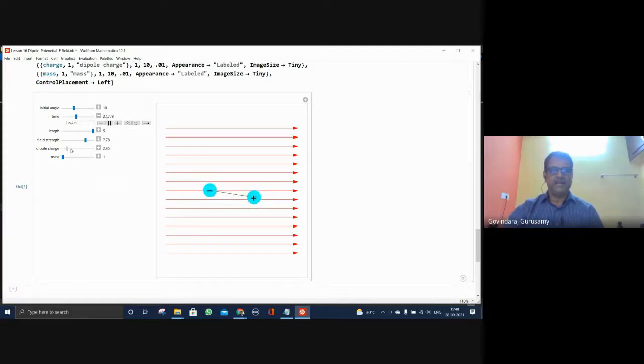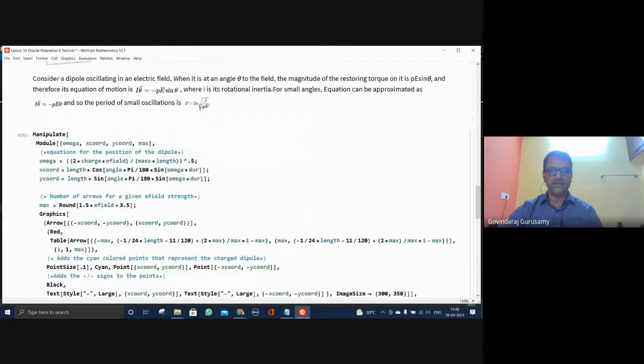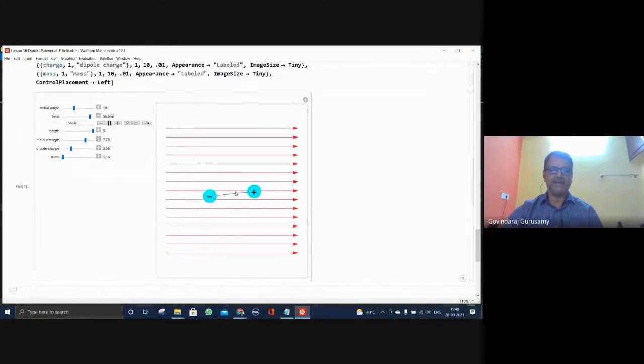Charge can also be changed, and the mass of this dipole can also be changed. And whatever consequences you have on the period of small oscillations, described here, can be reflected here by changing each one.